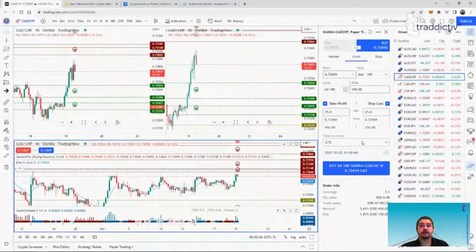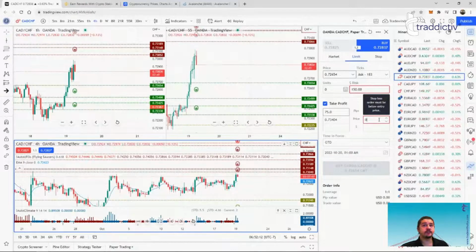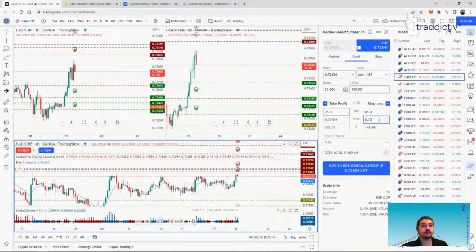Okay, so set that. Our stop loss needs to be below the UFO. We see that between these two, 72.49.8 is the nearest one. Now, always we have to round it down, so that would be 72.49.